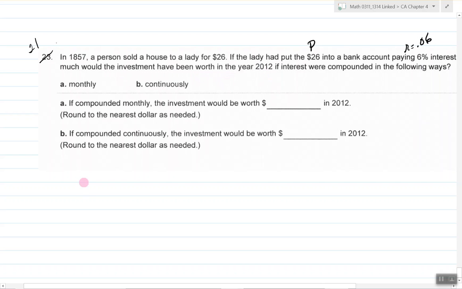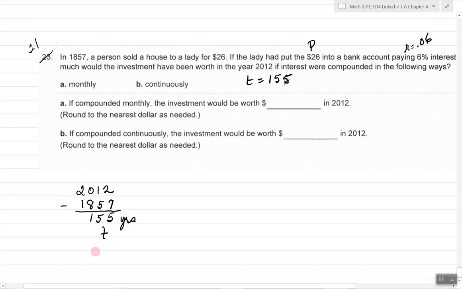Okay, let's see, 2012 minus 1857, that is 155 years, my t value. If the interest were compounded in the following ways, so I'll just write up here that t is 155.